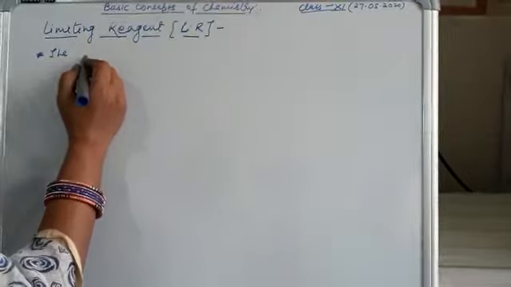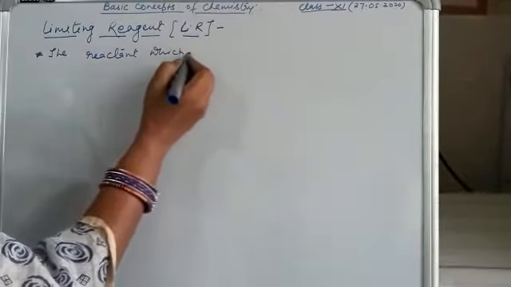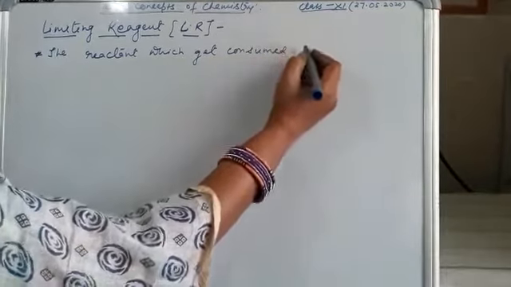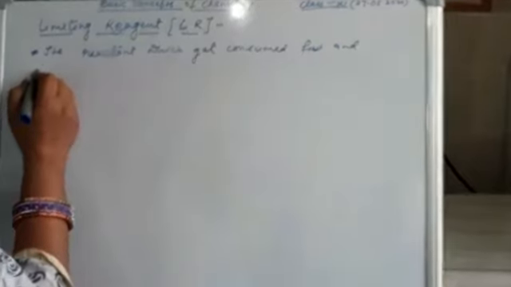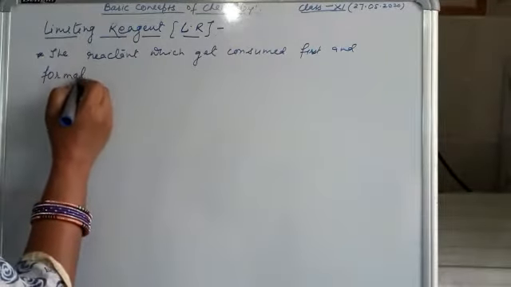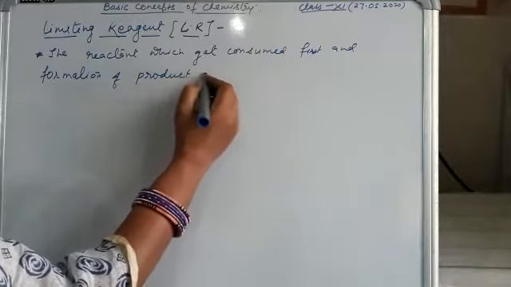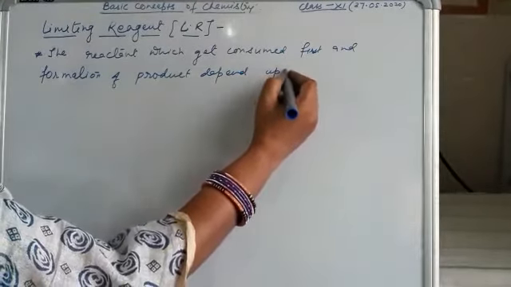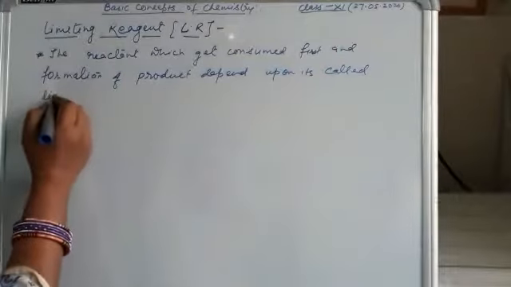The reactant which gets consumed first, and the formation of product depends upon it, is called limiting reagent.